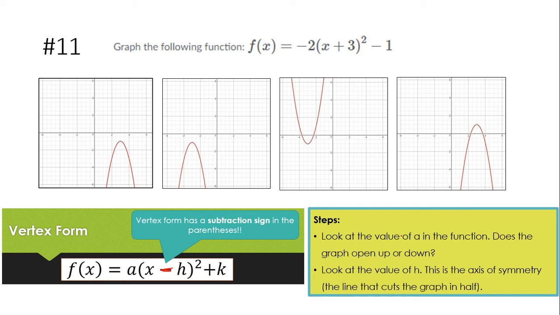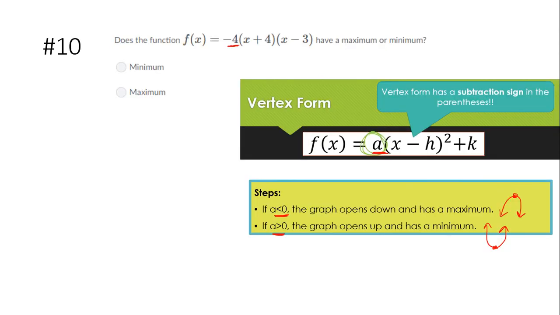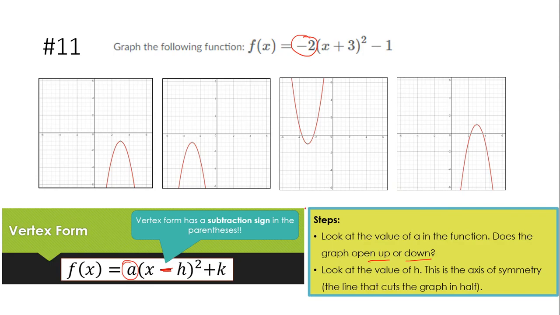We want to look at the value of a in the function first, because this tells us if we open up or down. I have a -2. If we go back to that last slide, less than 0 opens down, so it has a maximum. So I can look at the graphs to see which one of those has a maximum.